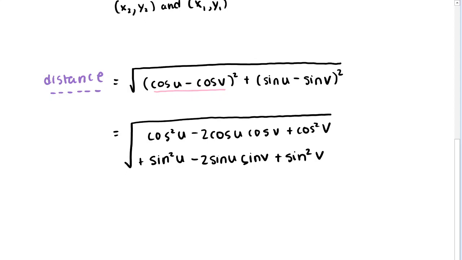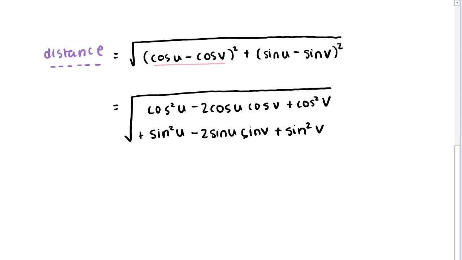And so what can we do with this expression here? One thing I'd like you to notice is that this cosine squared of u plus sine squared of u simplifies down to 1, by the Pythagorean identity. And similarly, cosine squared of v plus sine squared of v is also equivalent to 1 by the Pythagorean identity.